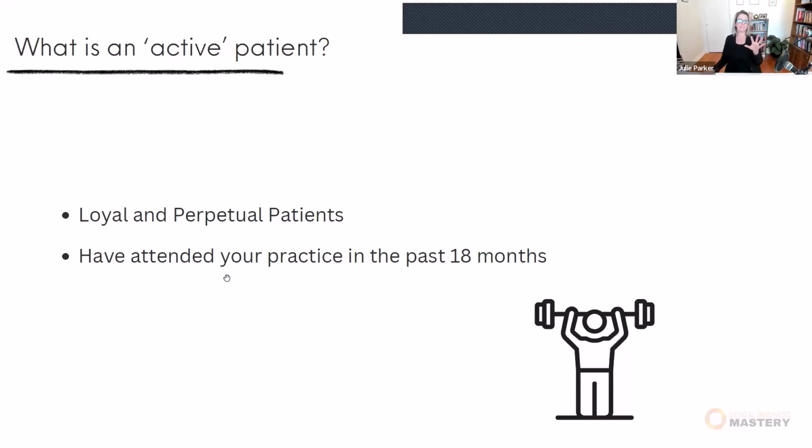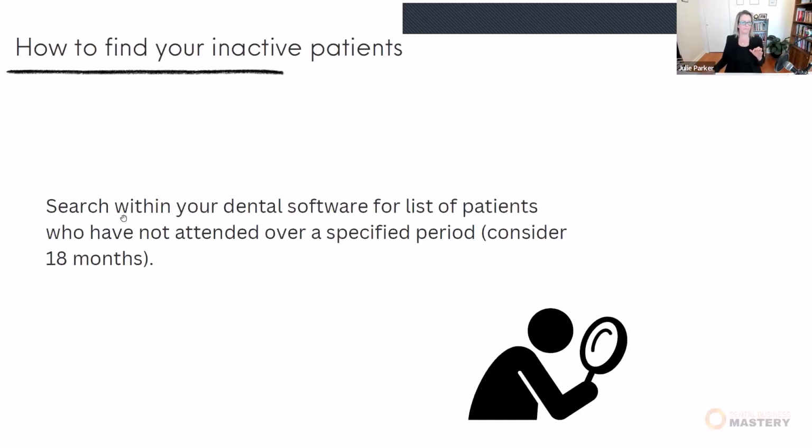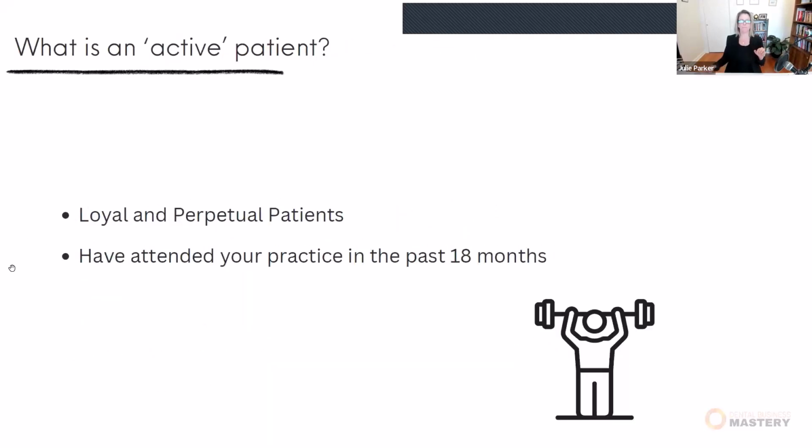And any person that's attended your practice in the past 18 months, this is more of a software database figure. When you are talking to a consultant about active patients and how to find them within the database, it just collects everyone that's been in the past 18 months and says they're active.